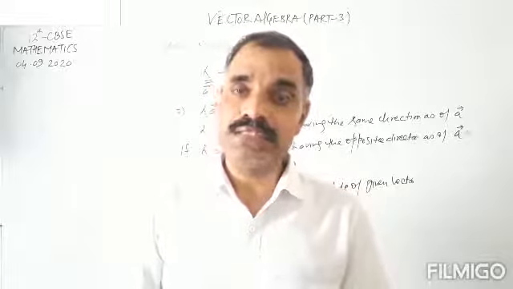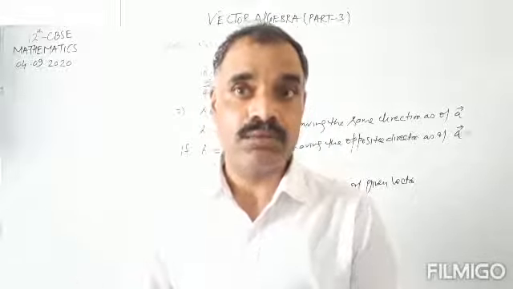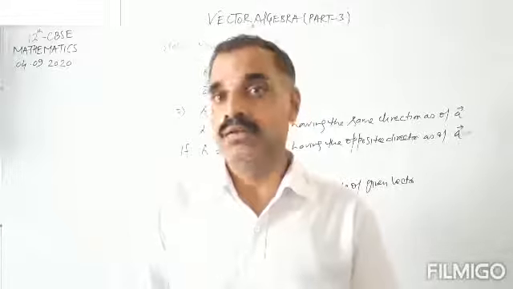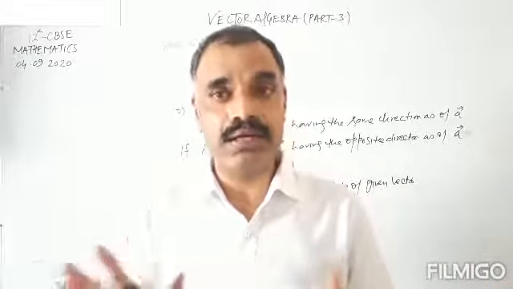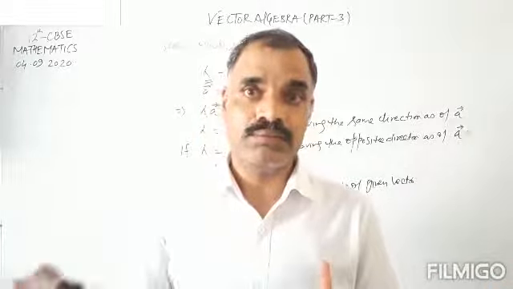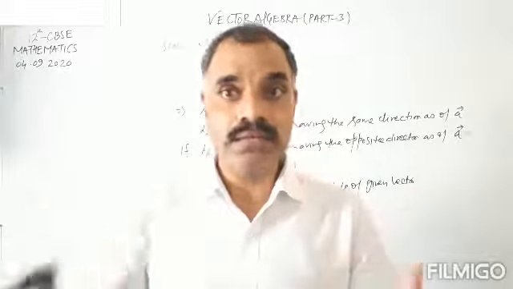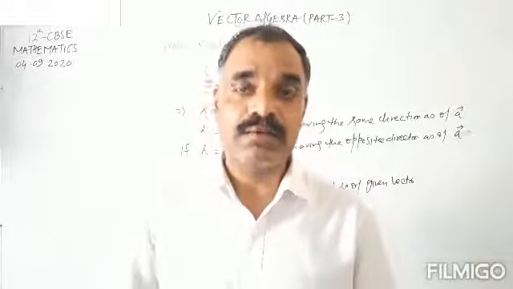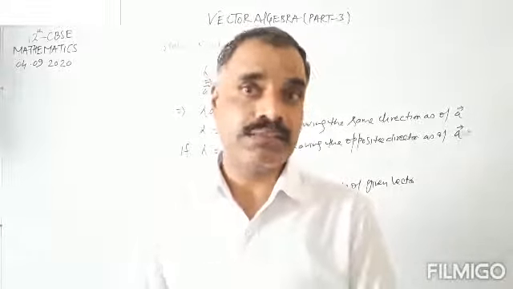We can change the direction and we can change the magnitude also by the scalar multiplication of any vector. We can make the direction opposite by multiplying by negative lambda, or we can increase or decrease the magnitude of the given vector by multiplying by lambda greater than 1 or less than 1.